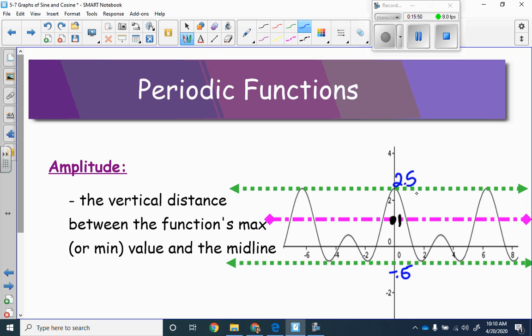So the amplitude is telling us how far it is from your midline to your maximum, which is going to be 1.5. That same distance would have to go from your midline to your minimum, which is also going to be 1.5. So the amplitude is that distance.